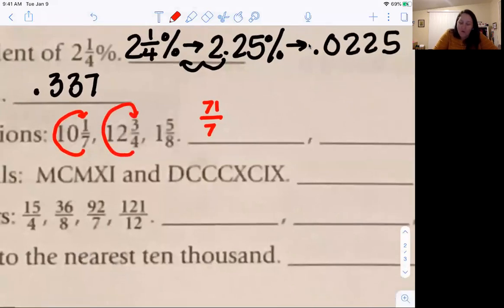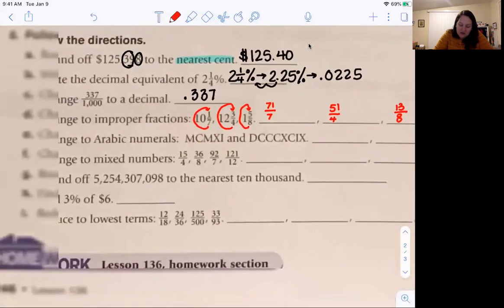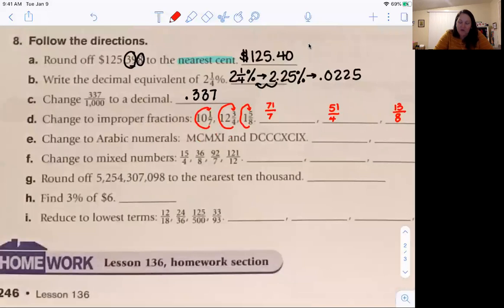Backwards. 4 times 12 is 48, plus 3 is 51, over my original denominator, which is 4. 8 times 1 is 8, plus 5 is 13, over my original denominator of 8. Awesome. Okay. Challenge yourself to do the Roman numerals, but let's move on to letter F.